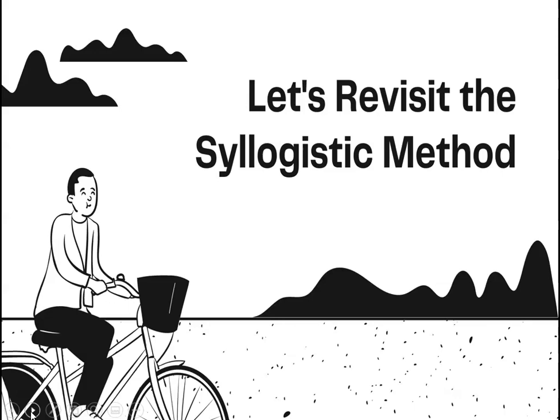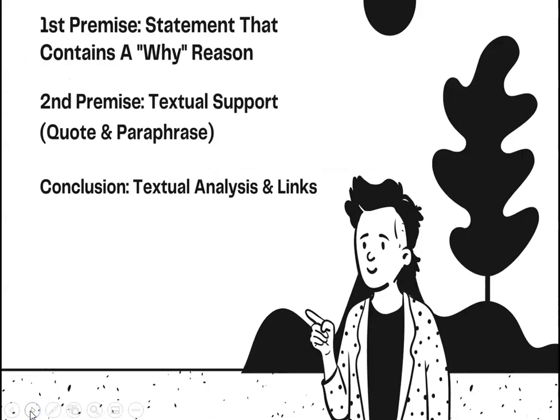So as we move on to the body paragraphs, let's revisit the syllogistic method and hone in on this and just have a reminder of how we're going to manipulate the syllogism to construct the body paragraphs. So all the syllogism is when you are arguing from premise to conclusion.